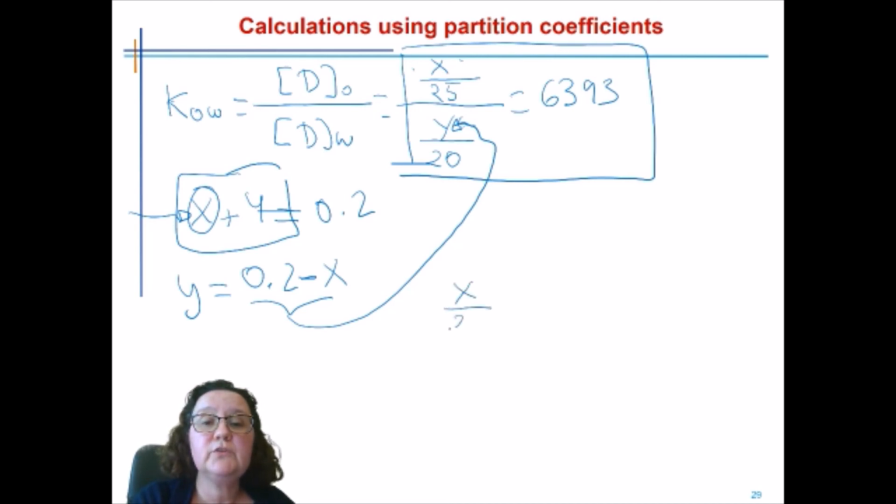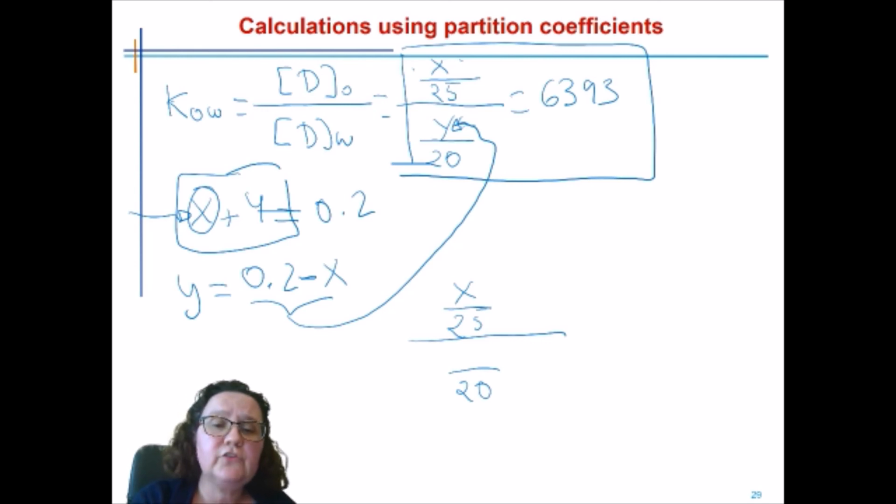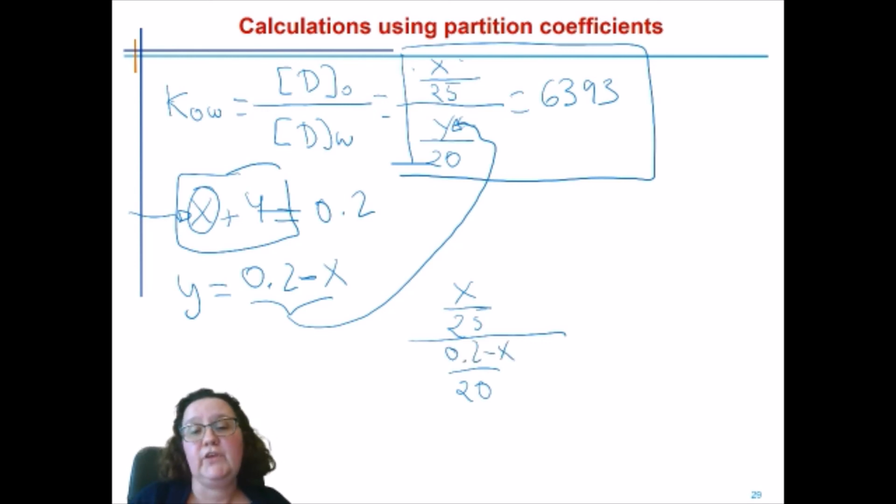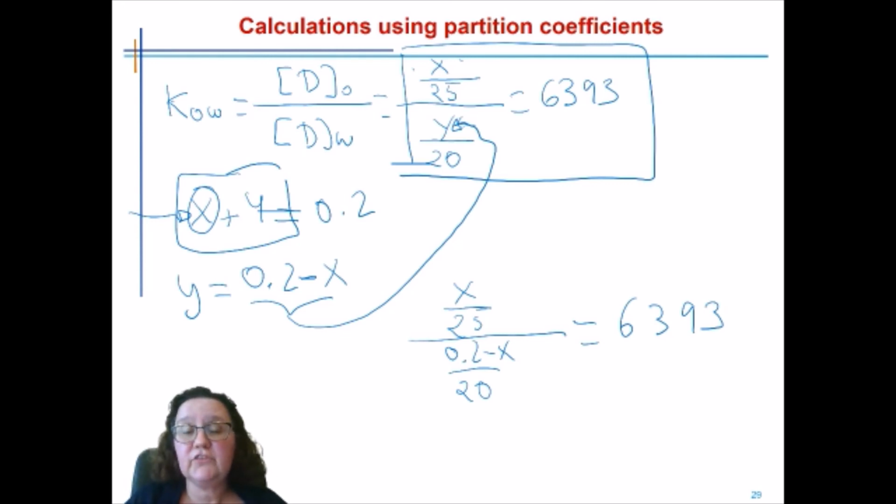So if I write the equation again, I end up with X divided by 25. That hasn't changed. The 20 hasn't changed. Instead of writing Y, I now write 0.2 minus X, and this equals 6,393. And that is an equation we can solve.